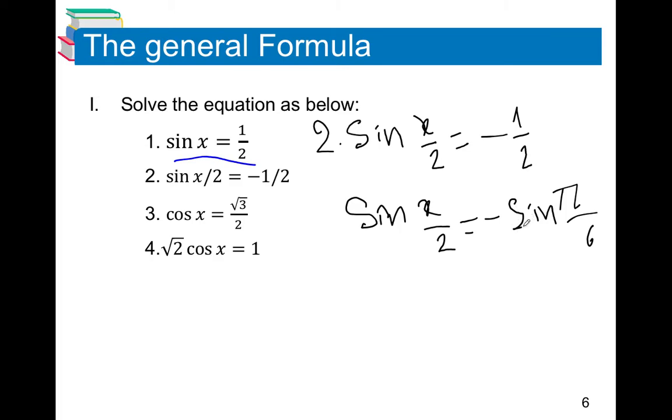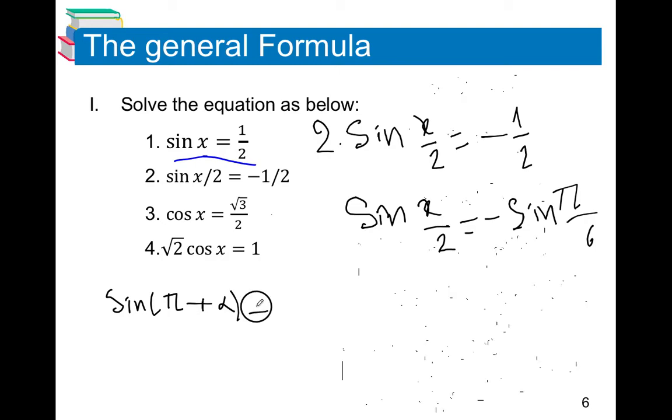So we need to make them the same, and for that we need to remember one formula: sin of pi plus alpha equals minus sin alpha. If we compare the formula to the equation, our alpha is pi over 6.